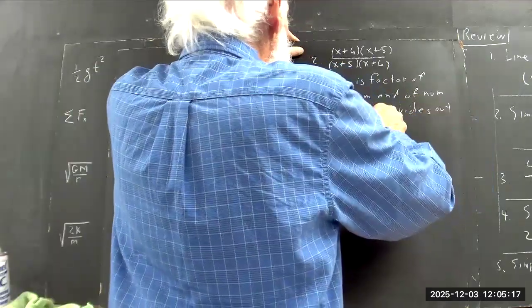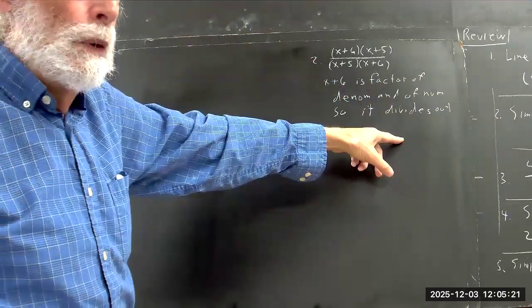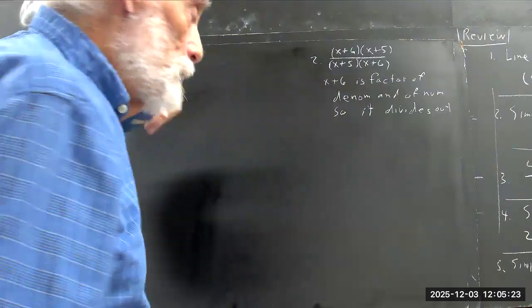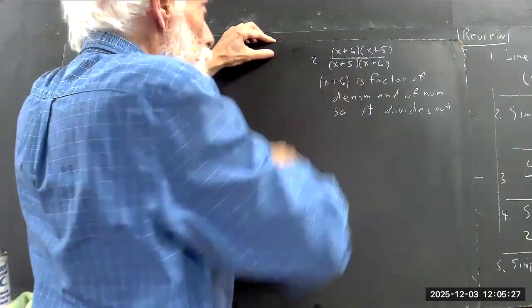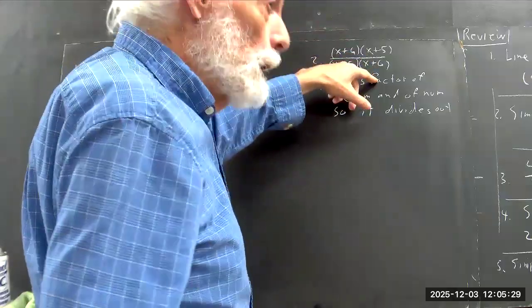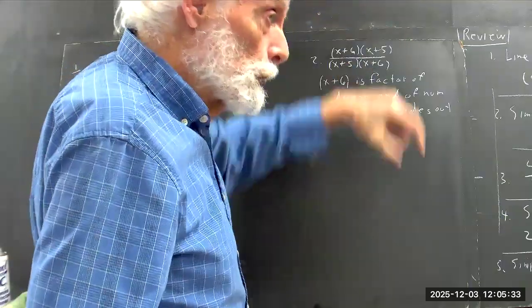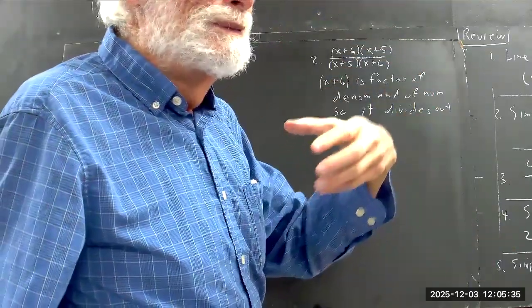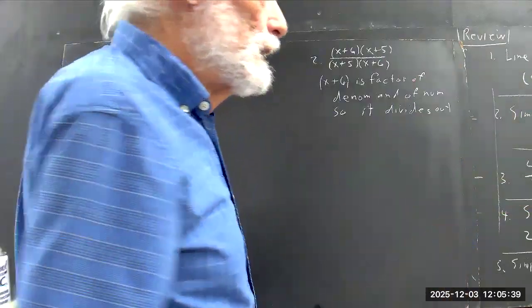You don't like to say cancel, because people cancel wrong. It divides out. But if you verify that something is a factor of both numerator and denominator, if it's multiplied by everything else in the denominator and it's multiplied by the rest of the numerator, then you can use that C word. You can cancel it, okay?